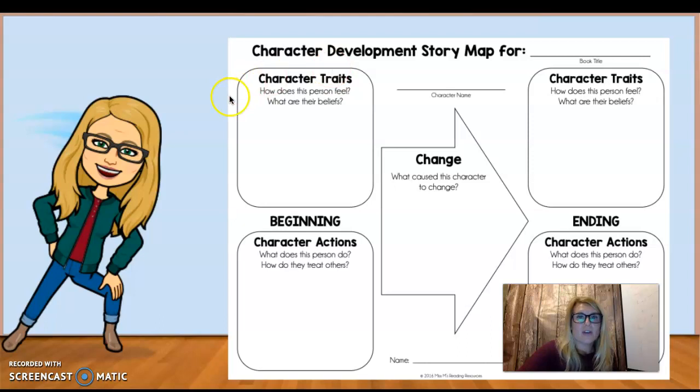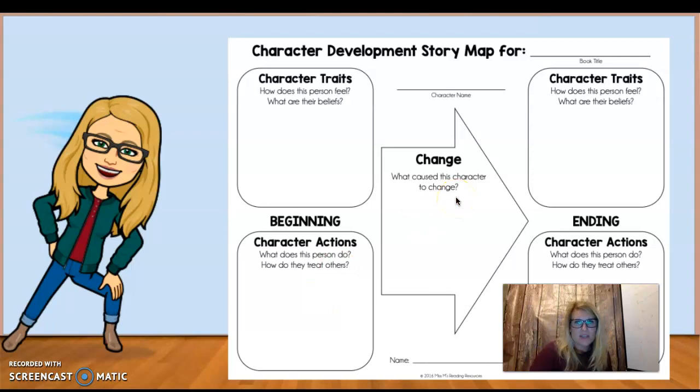What kind of character traits does your character have? What does he or she feel in the beginning of the story? What does he or she think or believe? And then I want you to think about, what does this character do? What actions do they do? How do they treat other people? Okay? So this is at the beginning of the story.